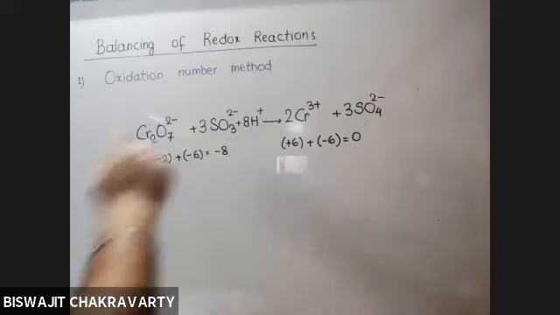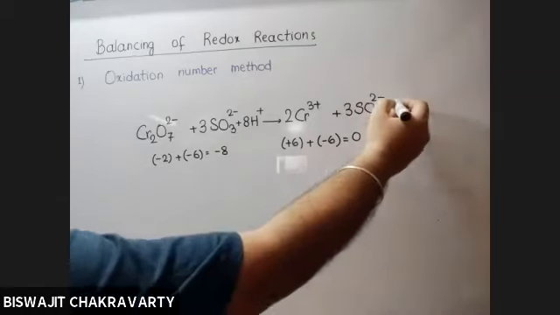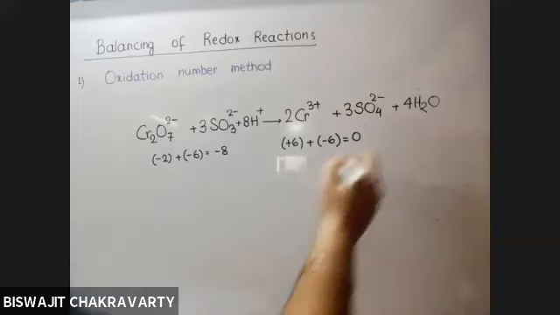So how many hydrogens have increased? 8. So how many water should be given so that hydrogens are balanced? 4. So we need to give 4 H2O on the right hand side.